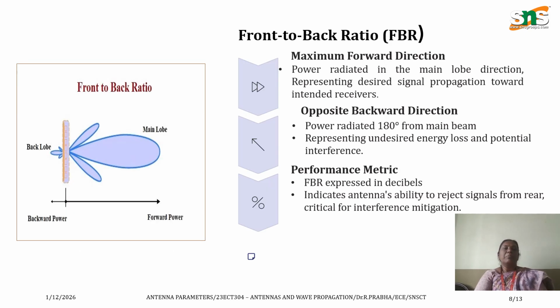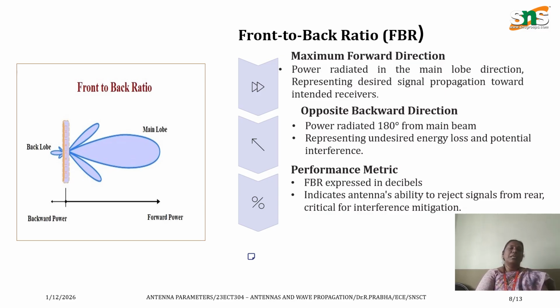And the third parameter we are going to see is front to back ratio. The front to back ratio is the ratio of power radiated in the front direction to the backward direction. The maximum power direction is the front direction, the power radiated in the main lobe direction, which represents the desired signal propagation characteristics.